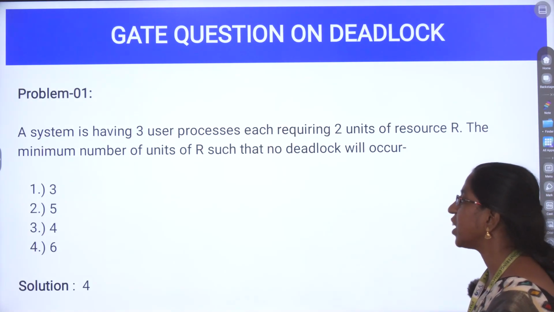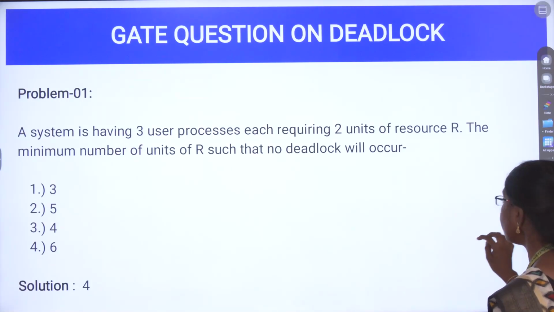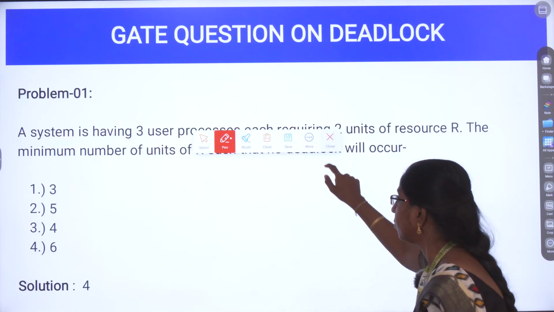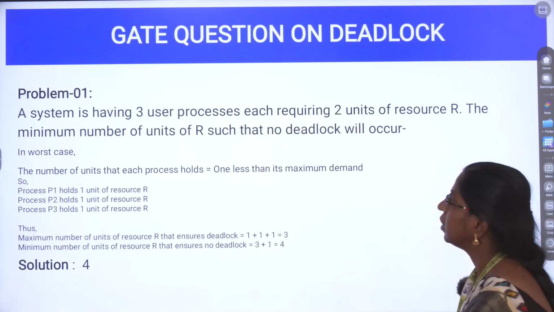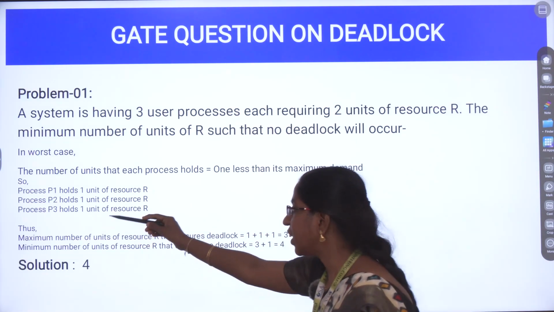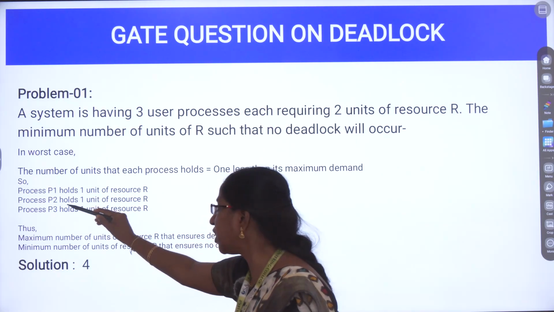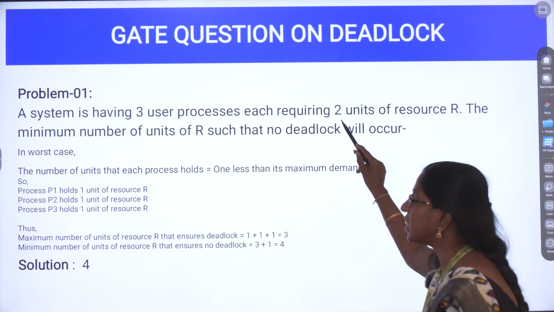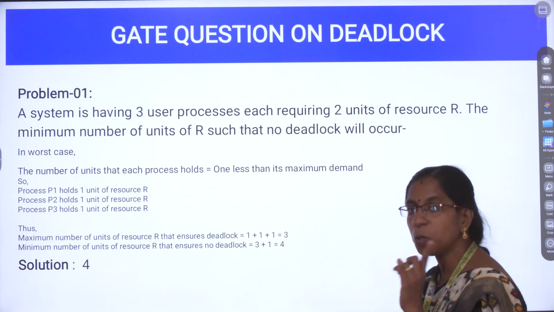First we have to calculate. A system has 3 processes, P1, P2, P3, and each process requires 2 units.